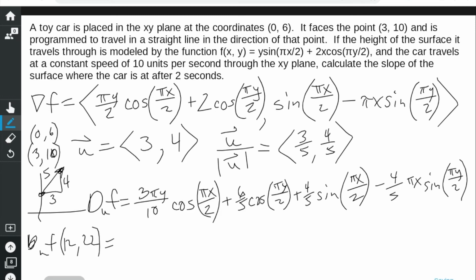All right, so if we plug in a 22 for y, we get 66 tenths or 33 fifths pi times the cosine of 12 pi over 2 or 6 pi. That lands us back at the origin where the cosine is just 1. Then we get 6 fifths times the cosine of 22 pi over 2 or 11 pi, which lands us over at pi where the cosine is -1.